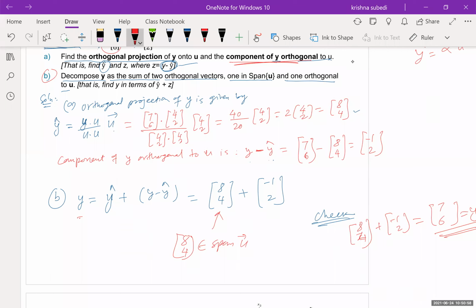Span of u means it is in the direction of u, and this one, -1 and 2, actually belongs to the span of u perp, perpendicular to the span of u. That's how we decompose the given vector into two orthogonal vectors. Any question?